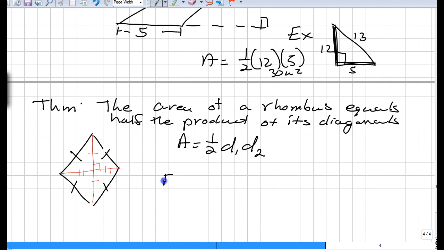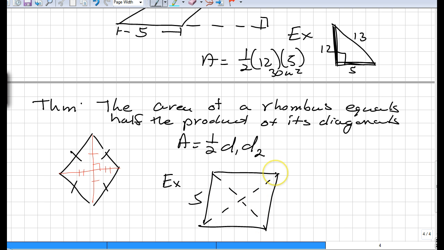So for instance, example, let's say I have this rhombus where this side is 5. I have this diagonal and this diagonal, and I know that this length is 4, and I need to know this length. Okay, well, I know that if this is 4, then this has to be 4, right?